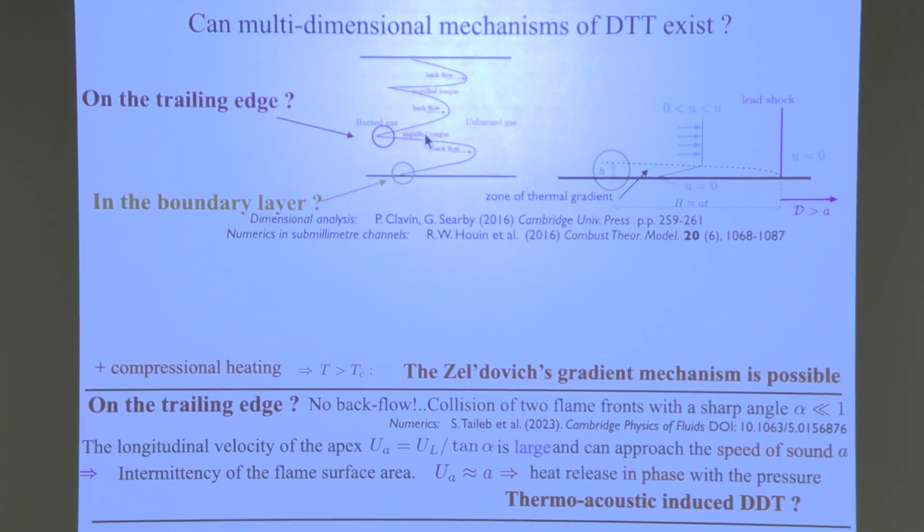Now it is clear that if you look at the propagation of this trailing edge relative to the gas in front of the flame, in the fresh mixture, this is much faster than the laminar flame speed, independently of the average flame position propagating.